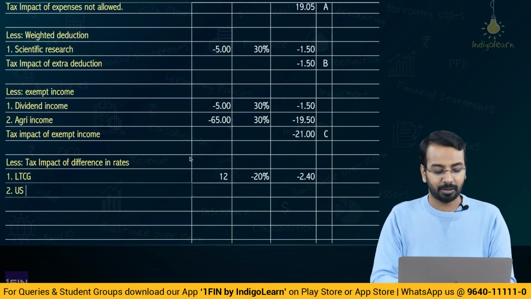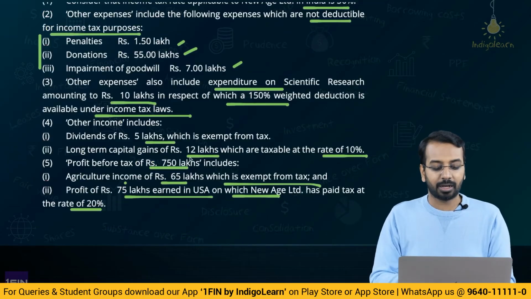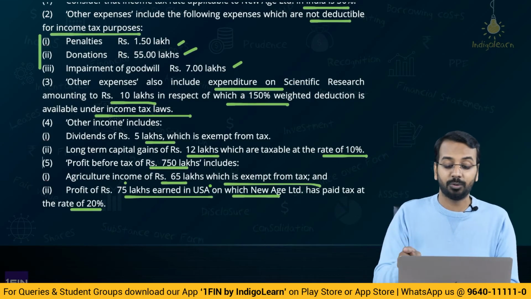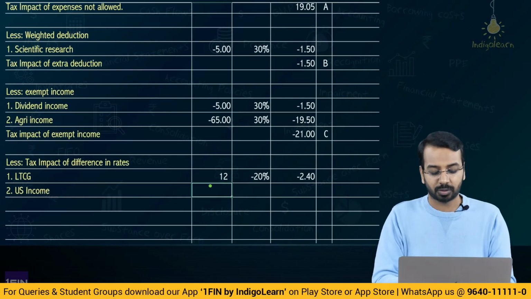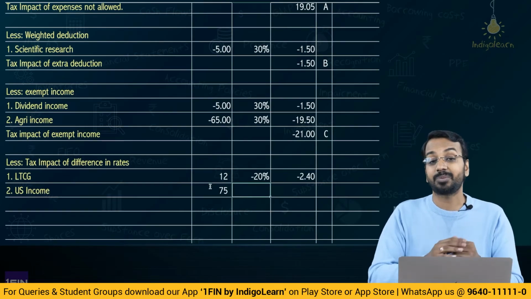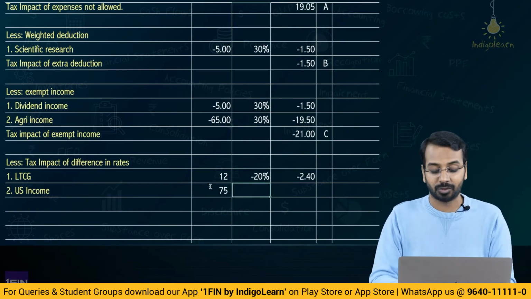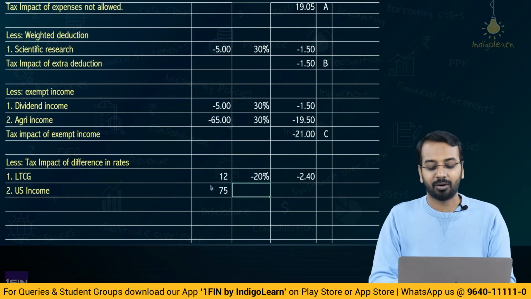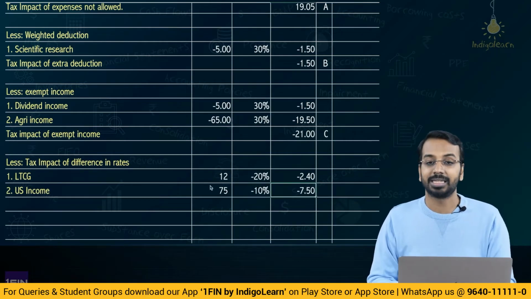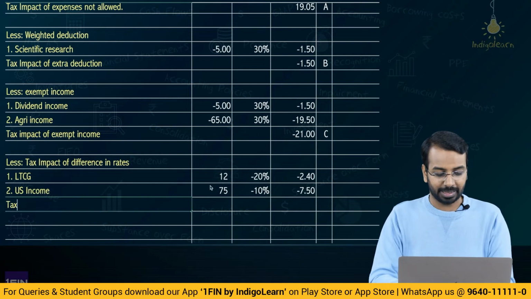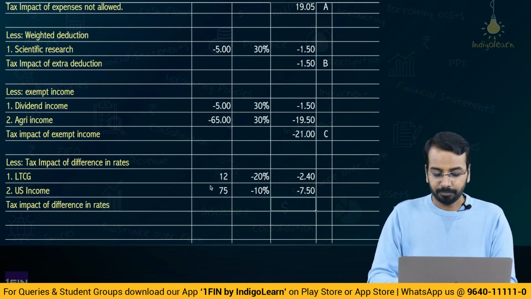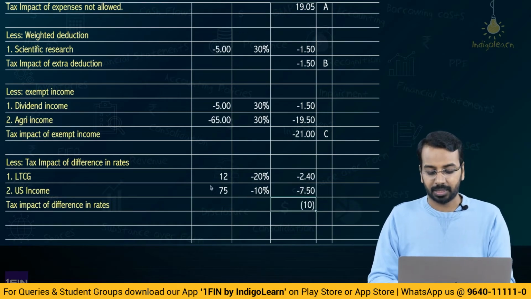Second, US income. US income, the question says 75 lakhs earned in US on which tax is paid at 20%. We are not paying 30%. So here there is a tax saving of 10%. So the impact is 7.5. So tax impact of difference in rates is 2.4 and 7.5, that is 9.9.